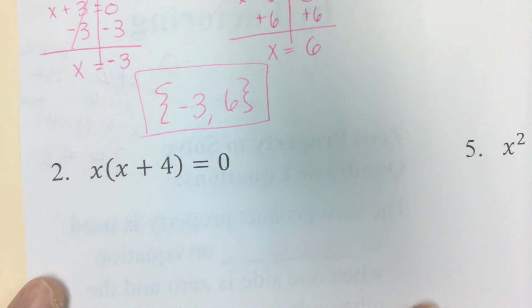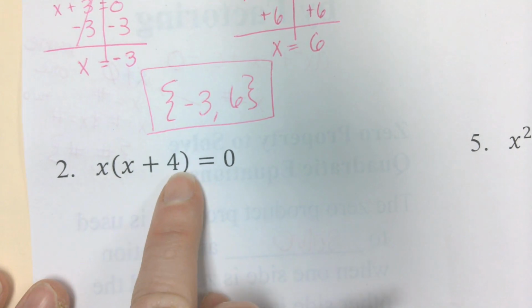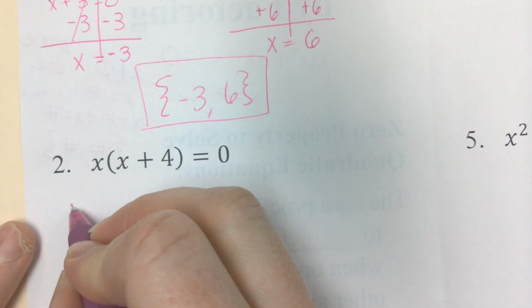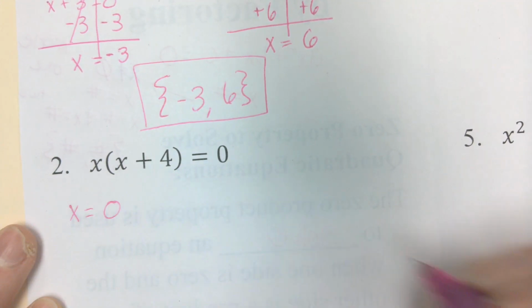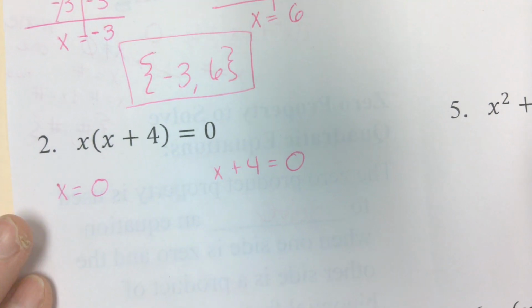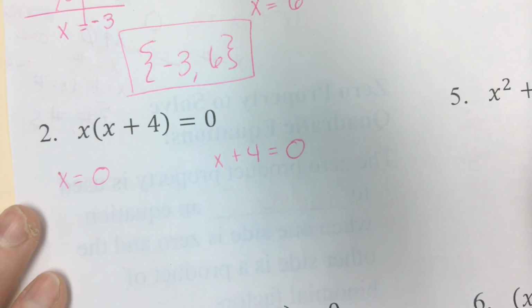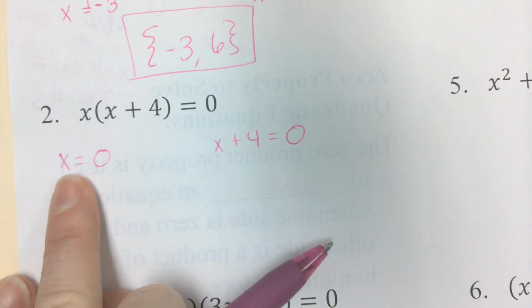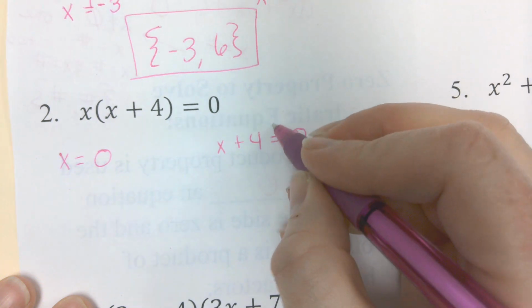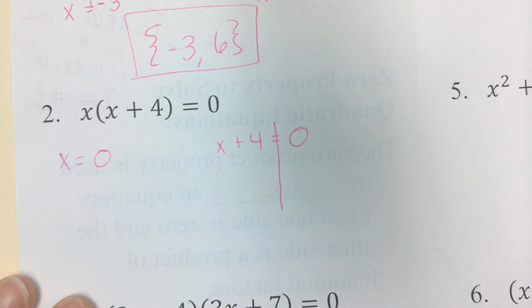Okay, let's look at number 2. We have x, and then we have x plus 4 equals 0. So it's the same thing. We would say x equals 0, and x plus 4 equals 0. This one's already solved. We're good. This one's not solved, so we've got to solve it.